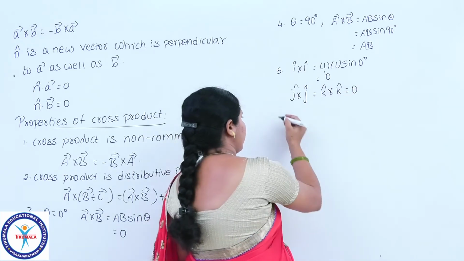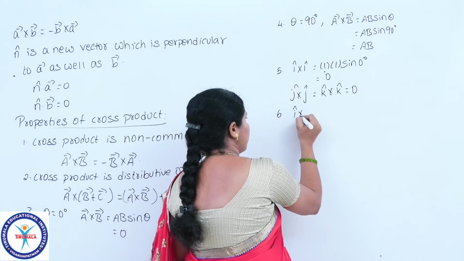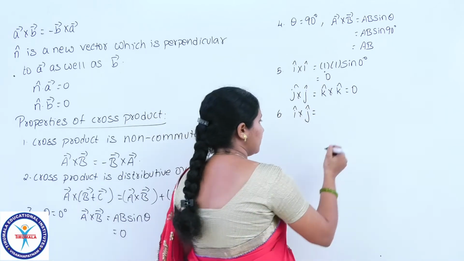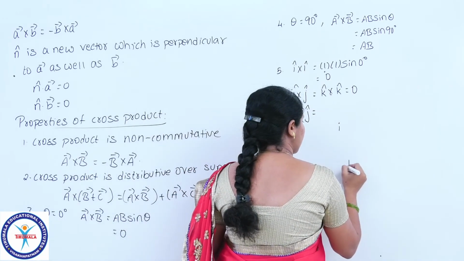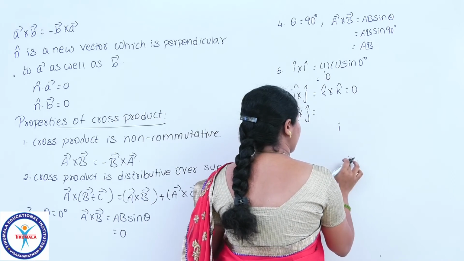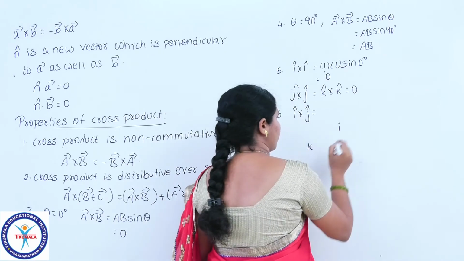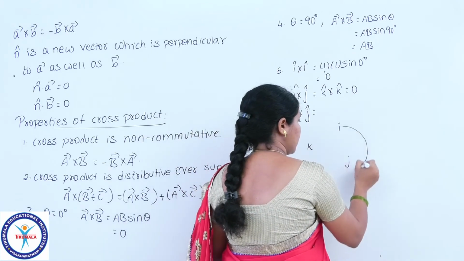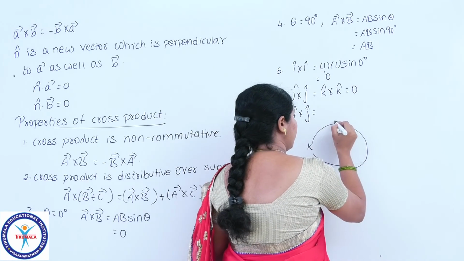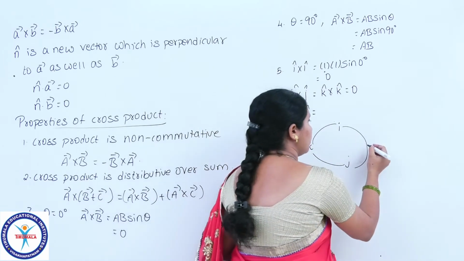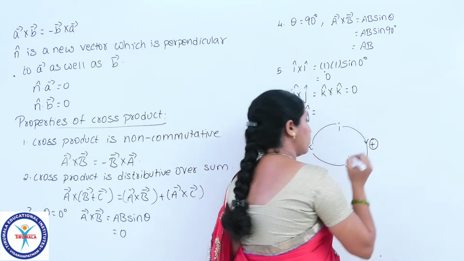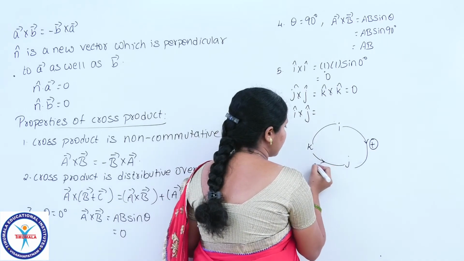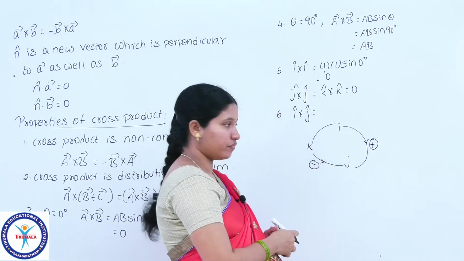So let us see, if we consider i cross j. Here we have to remember, let us consider i, j, k. If we go in clockwise direction, we get positive, and if we go in anti-clockwise direction, we get negative.